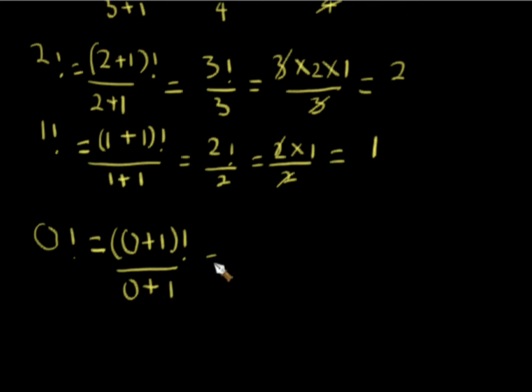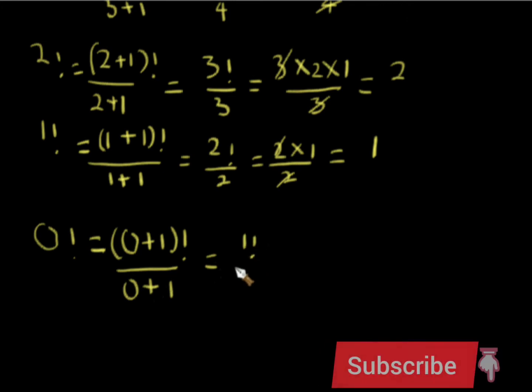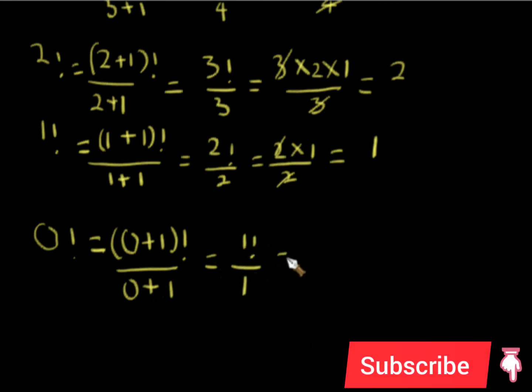So 0 plus 1 factorial gives us 1 factorial divided by 1, right? So this gives us 1 over 1, and 1 divided by 1, guys, gives us absolutely 1. So that is how we can prove that 0 factorial gives us 1 mathematically.